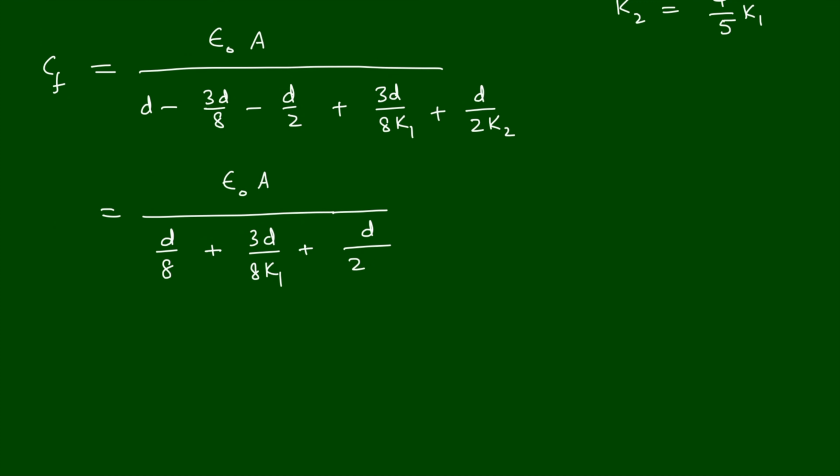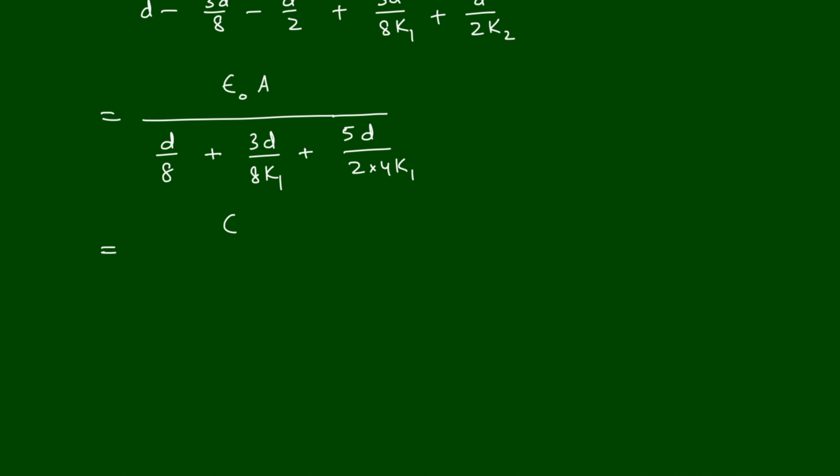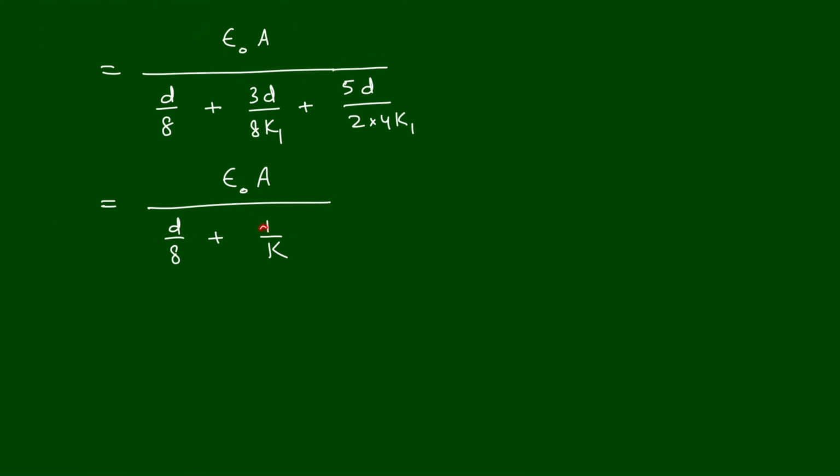So 5 will go in the numerator, into 2 into 4 K1, and that will give you epsilon naught A divided by D by 8 plus 5D by 8 K1. If you add this to 3D by 8 K1, 3 plus 5 you will get 8. So here it will be D by K1.